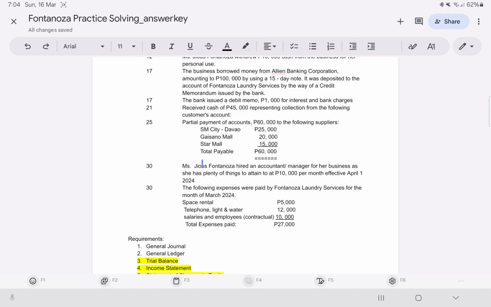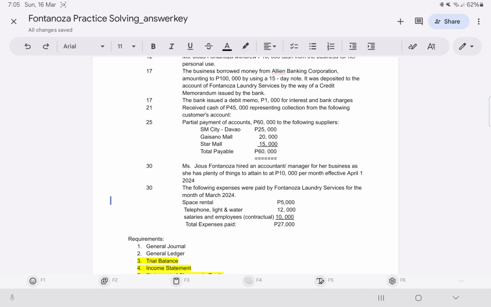Okay, so since this is effective on April 1, 2024 and our transactions are March 2024 only, this is just a future plan of Gius Fontanoza that she is going to hire another employee, maybe dili na niya maapas og accommodate ang mga customers sa kadaghan, so mag-hire siya og lain in the month of April. So for now, there's no transaction yet.